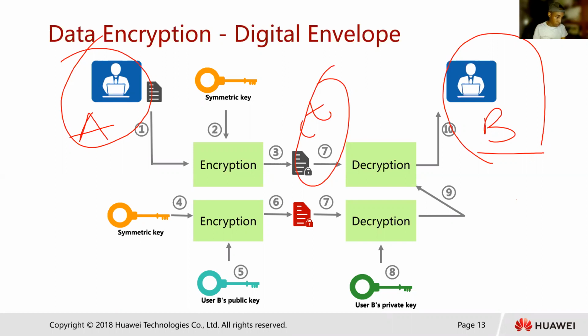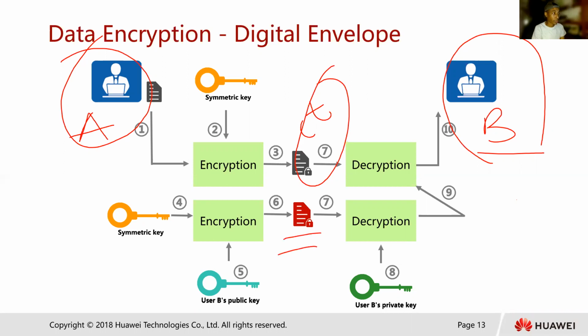So what happens here? After we are now doing what? We get to 6. We call this a ciphertext. What is this?